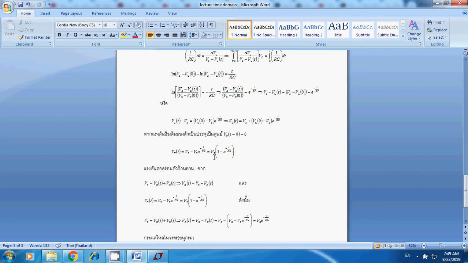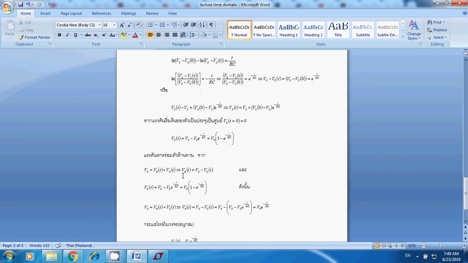Now you look for the voltage drop across the resistor. From the KVL, you have Vs equal to VR, the voltage drop across the resistor, plus the voltage drop across the capacitor, and then you rearrange the equation to find VR. That's going to be equal to Vs minus Vc, and you already have Vc. You derived the equation for Vc before, which is this term.